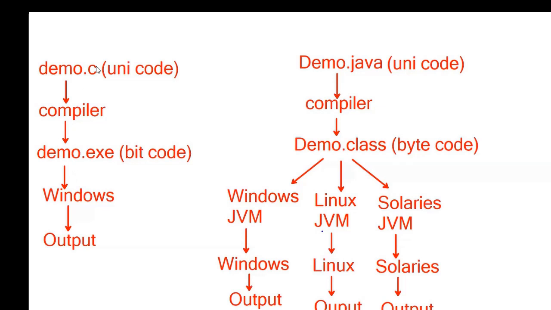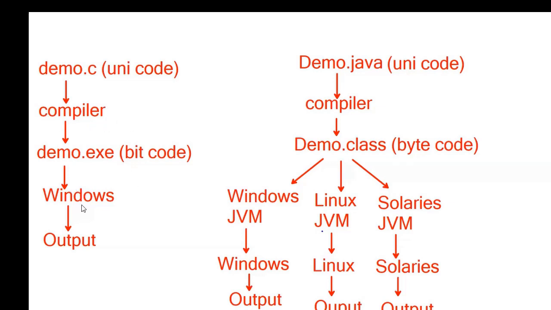That's why, between us and the operating system, one software is required, which we call a compiler. It converts Unicode to machine understanding format, and that code we call bitcode.